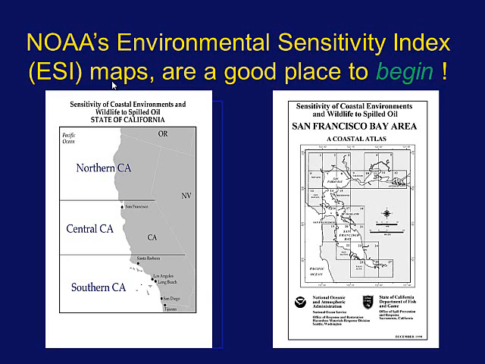We have one for most areas of the United States. California alone has 3 sets of atlases for the north, central, and southern coast. You can also access them online, and I've got the website at the end of the presentation, and it's in your notebooks on the slides.